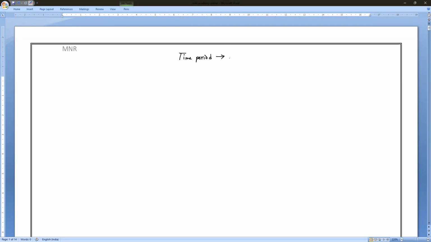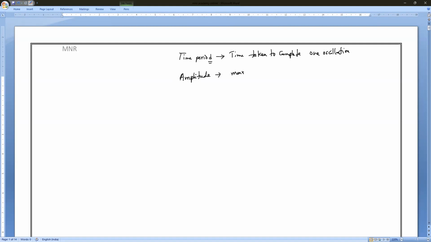Can anybody define what you mean by time period? Time period means the time taken to complete one oscillation or one vibration, which we call time period. And then the next one is amplitude. What do you mean by amplitude, everybody?